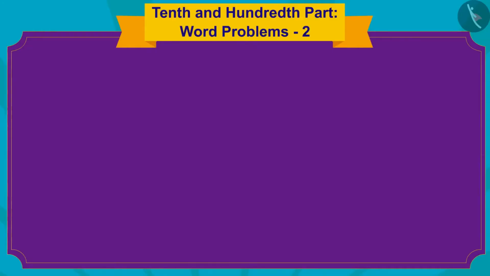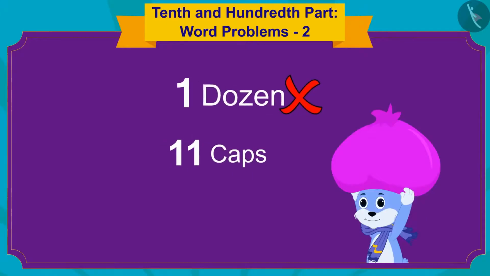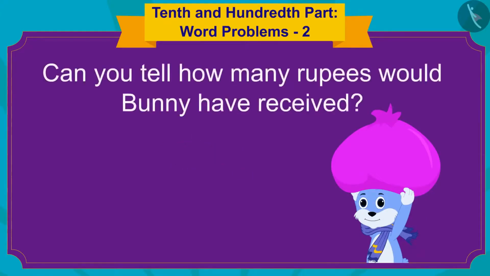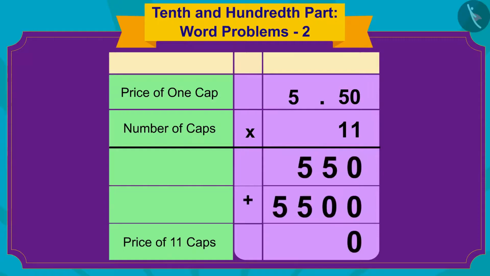Children, if Bunny had sold only 11 caps instead of a dozen caps, can you tell how many rupees would Bunny have received? If you want, you can stop the video and find the answer. We will first multiply 5.50 with 11 in this way.